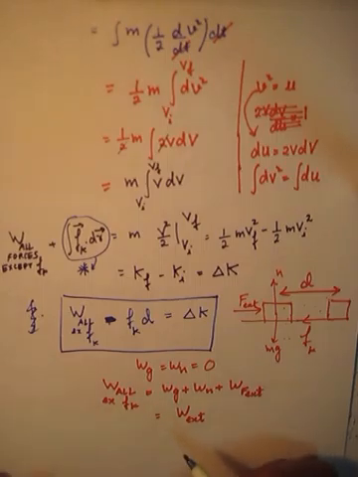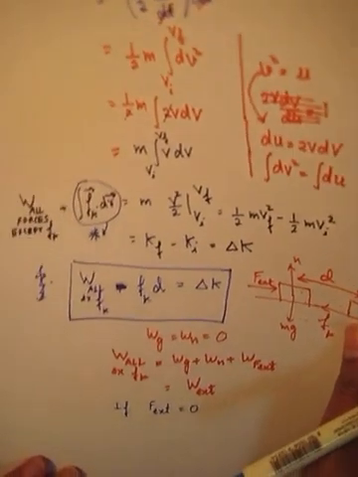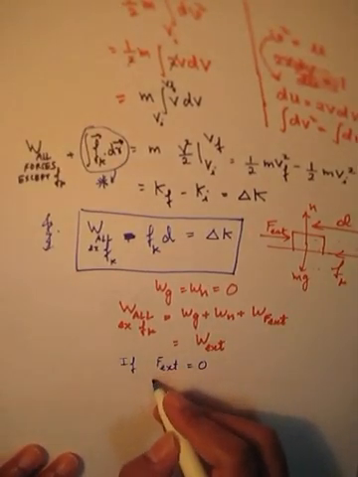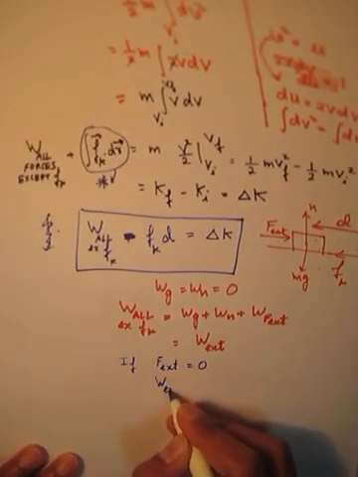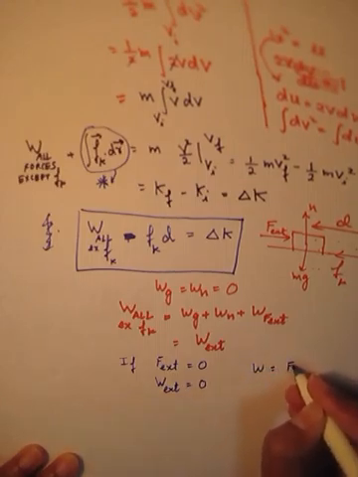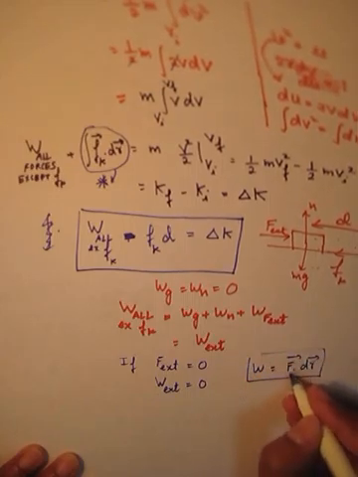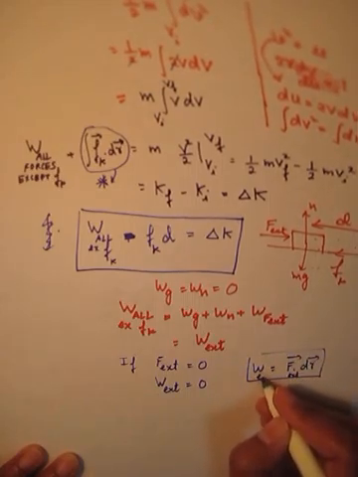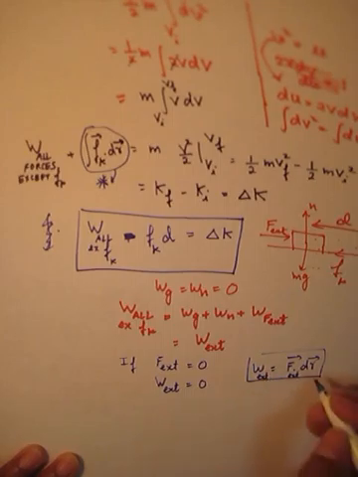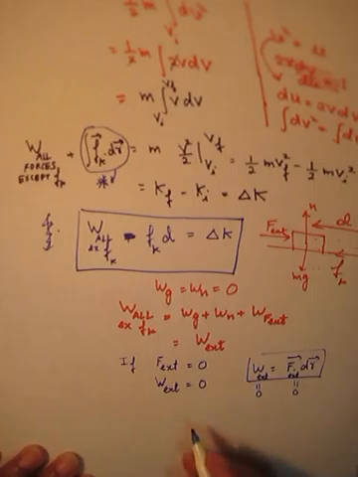Now if the work done is only by external force, suppose external force is equal to 0, then the work done by external force will be 0, because work done is force into displacement. So if the external force is 0, work done by external force will be equal to 0. So this is 0, and this will automatically be equal to 0.